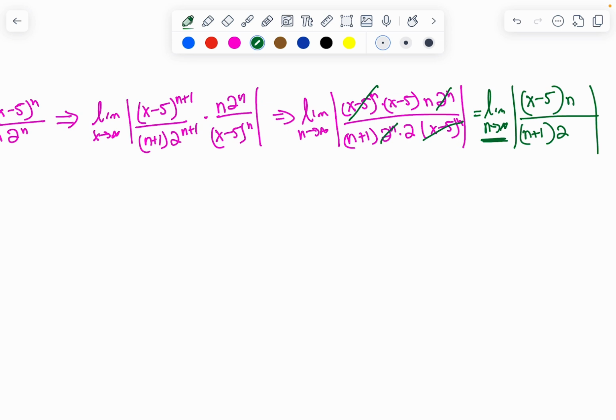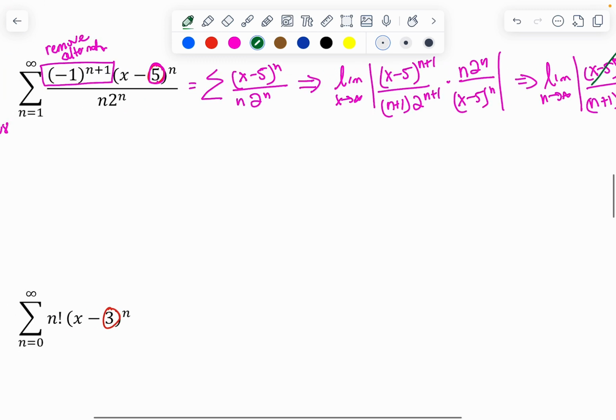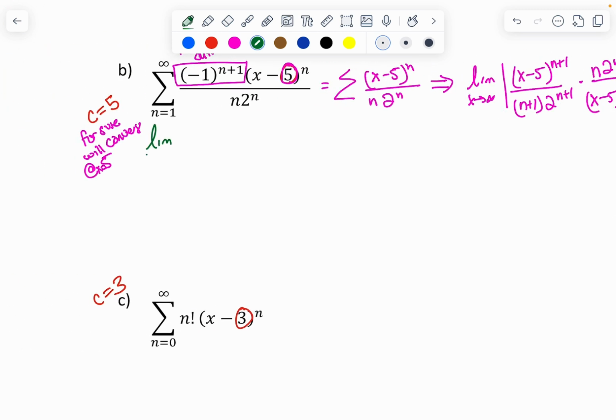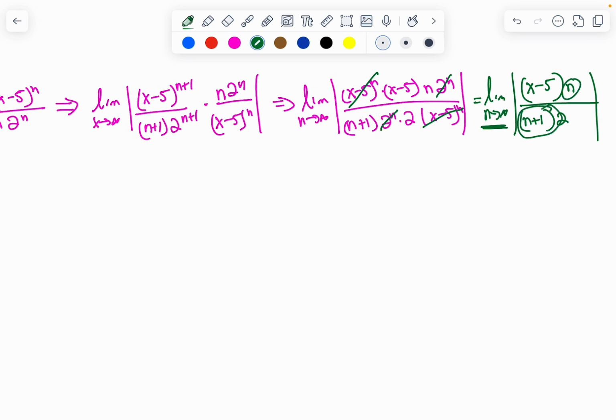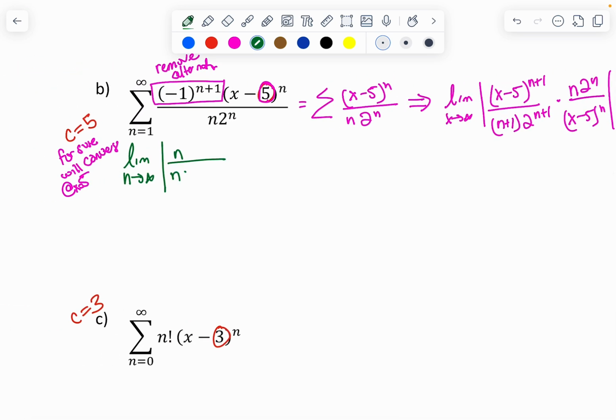Okay, so I'm gonna separate some things here to make sure that we are analyzing the correct things. What I'm gonna separate here is the n that's left over up here and the n plus 1. I'm gonna put those together, and then multiply that by x minus 5, and multiply that by 1/2, because this is the part that I'm finding the limit for.